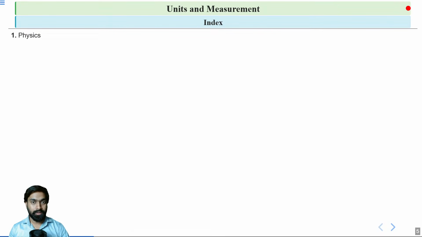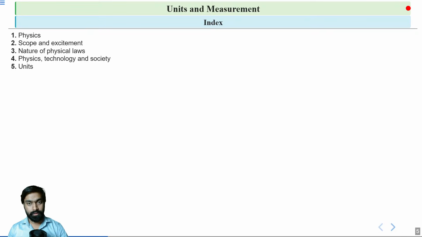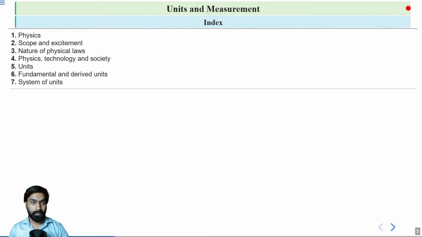So in today's lecture we will cover units, then fundamental and derived units, after that system of units.